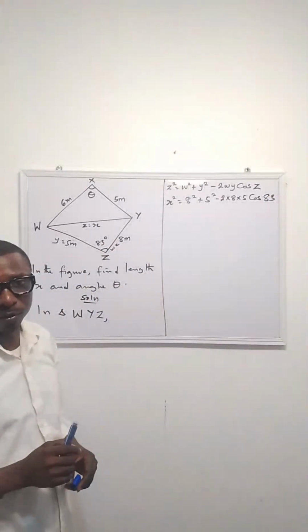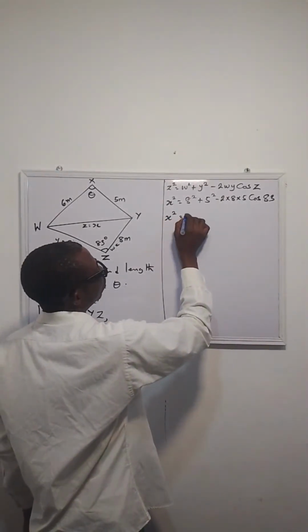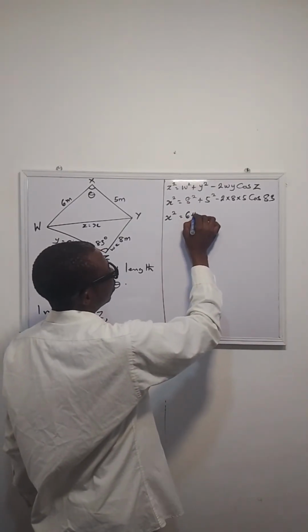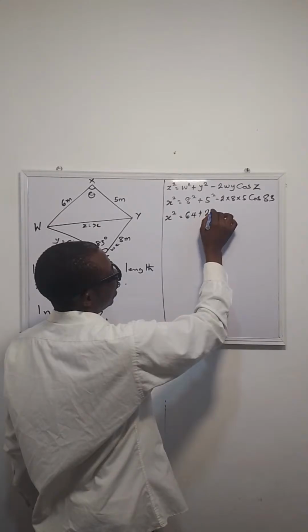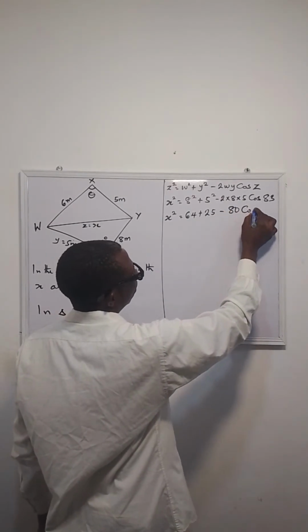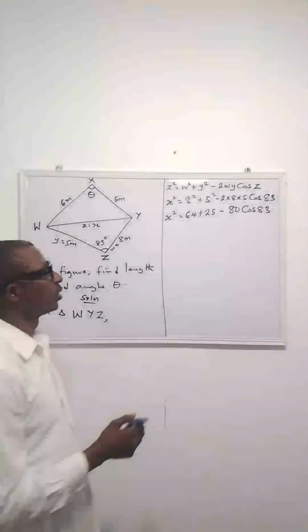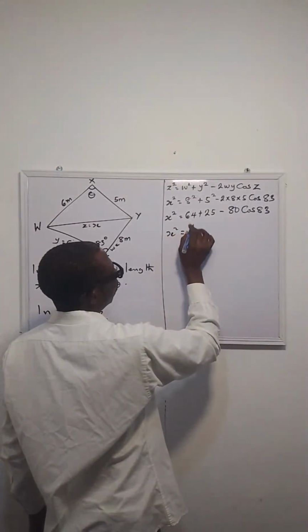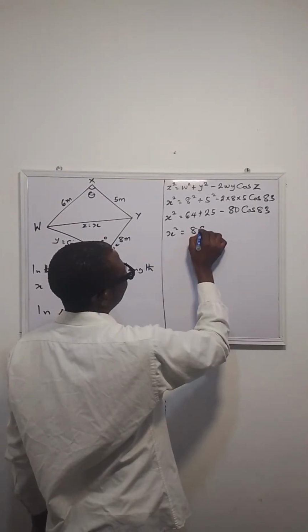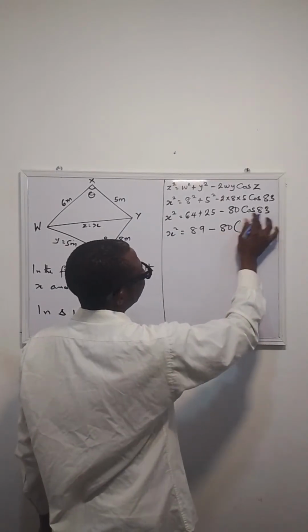I want to believe you all get that now. So we have x squared equals, when you square 8, you have 64 plus 25 minus 80 cos 83. Hope you understand that. So we have x squared, when you add these together, 89 minus 80 cos 83.